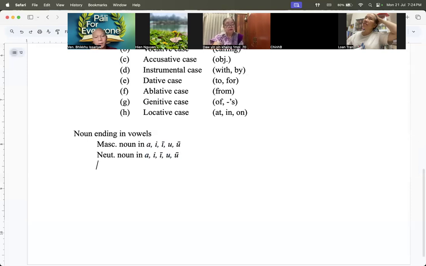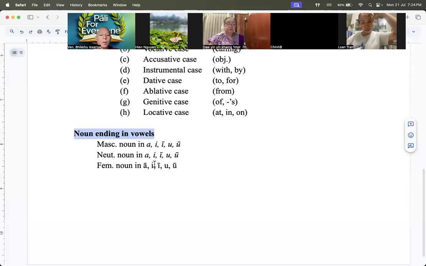And now the feminine. A feminine noun ends in ā, i, ī, u, and ū. Now, vowel endings we will start learning, for the feminine gender in this way.